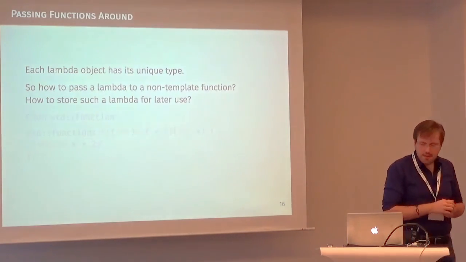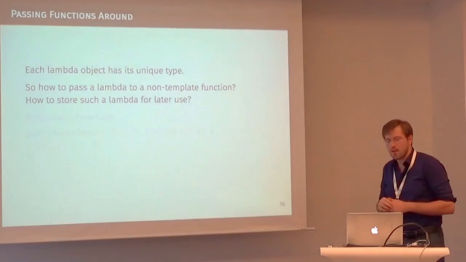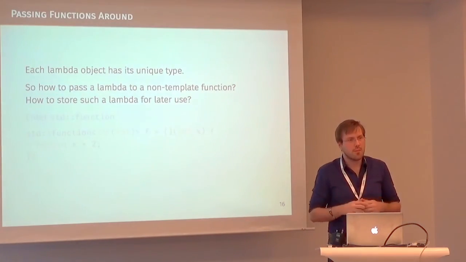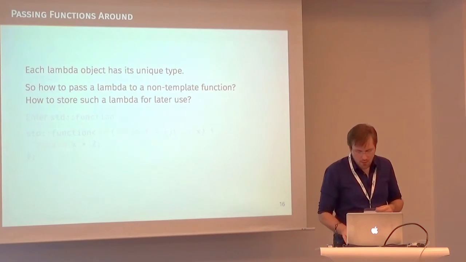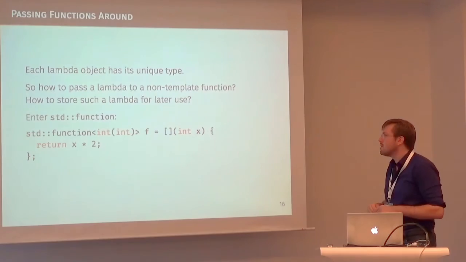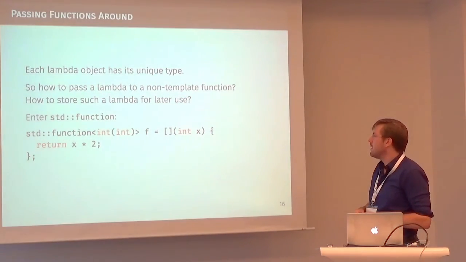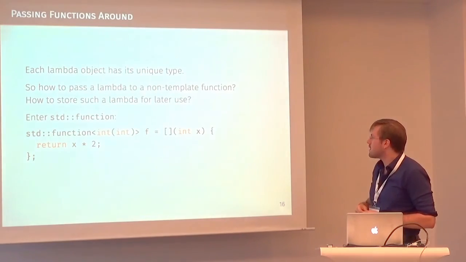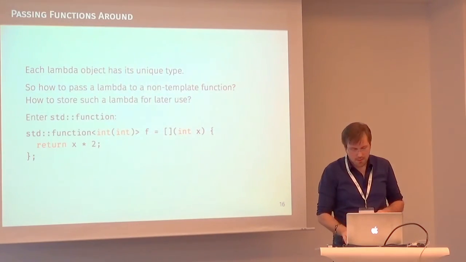So we said that each lambda object has its unique type. So are we forced to use template functions? No. We can use a wrapper, which is std::function, provided by the standard library, that is a wrapper over any callable object.